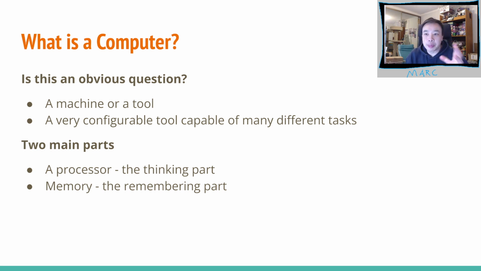But all of these applications in use on computers have been created by people, and they've been created in that way because of the capabilities of computers. So we can think of a computer as a machine or a tool, as in an object that is capable of carrying out tasks of some kind.